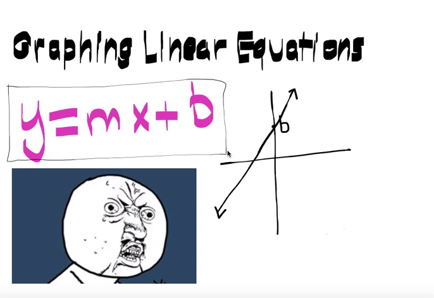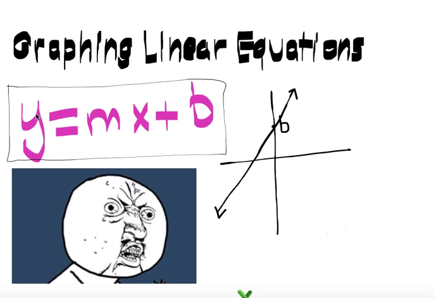Okay, so to be successful on this video lesson, you need to know what the slope intercept form is. If you know that or how to get there, this is going to be a really good video for you.